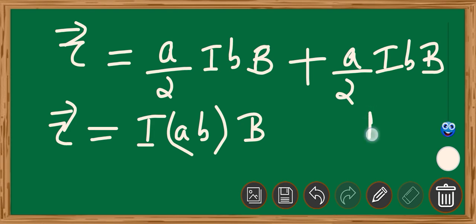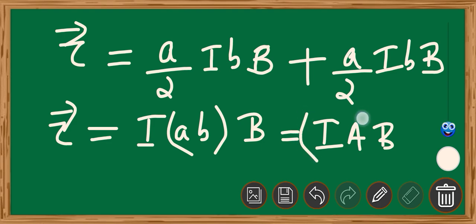So what is a b? Let's recollect it. This is the loop, this is a and this is b. So a b means the area of that rectangular loop. So it is equal to I A B. What is I A? I A is the magnetic moment.